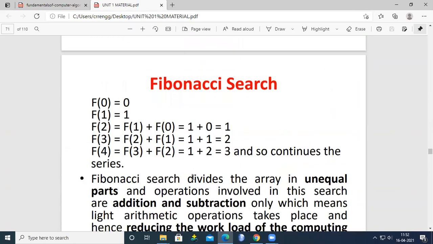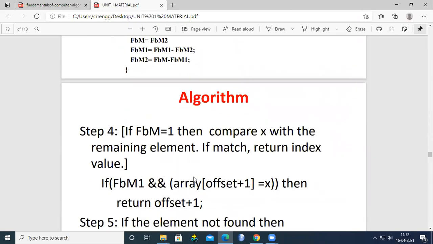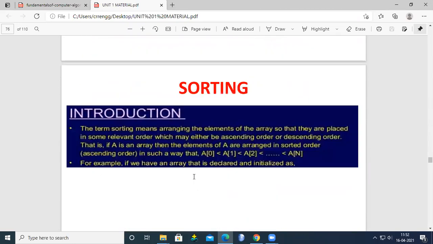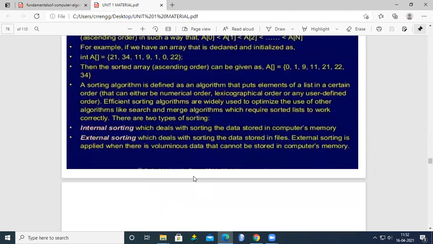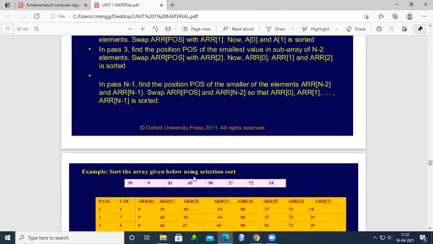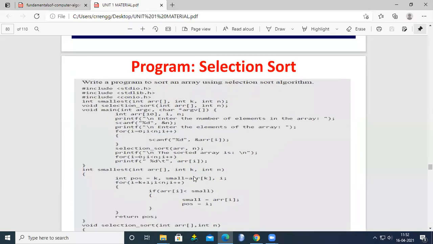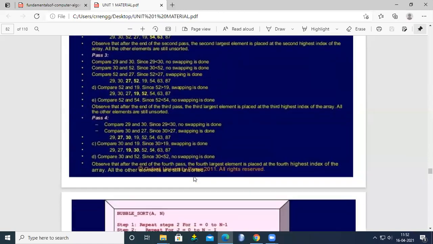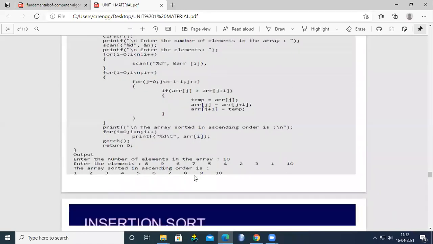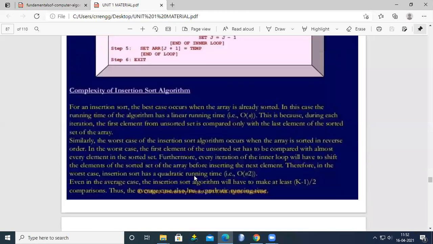You already know about Fibonacci search. In sorting, elements are arranged in ascending or descending order. We have selection sort, quick sort, merge sort, bubble sort, radix sort, and different sorting techniques like this.